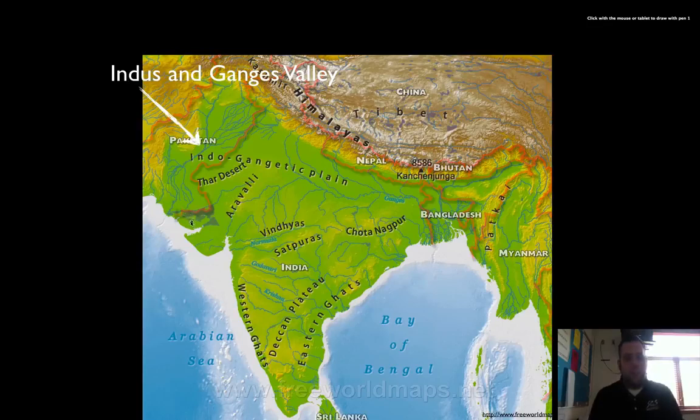When we're talking about ancient India, you have to assume that these political boundaries don't exist, because in ancient times, all the boundaries were dictated by physical features of the land. So here in current day Pakistan, we have the Indus River Valley.